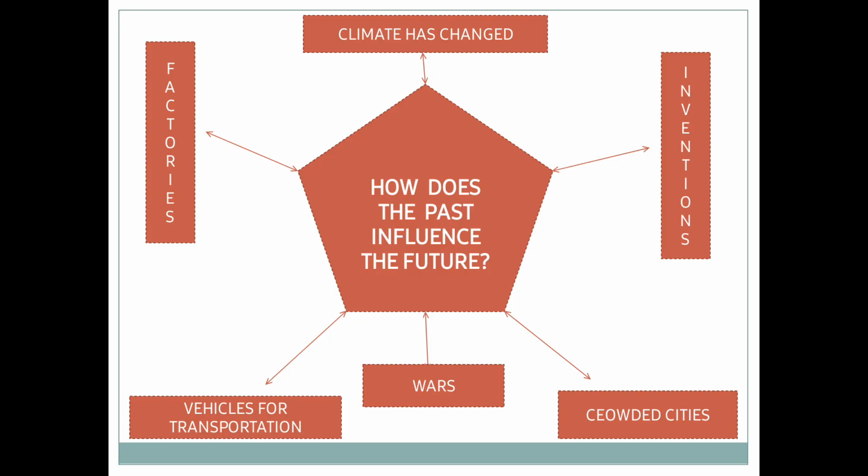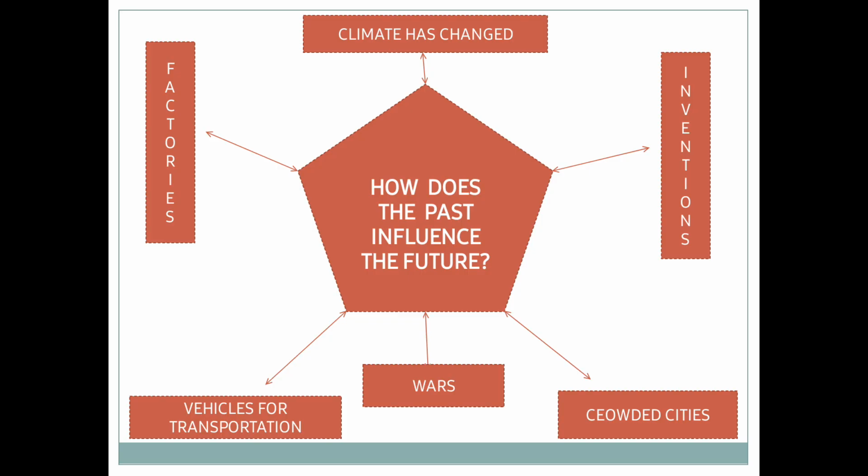We can also see how the climate has changed, that before it used to be a little bit of summer and a little bit of winter, but here we can see drastic changes in the temperature of the countries of the world. We can also see how today there are so many inventions going on and a drastically increasing use of technological inventions that we are going through.